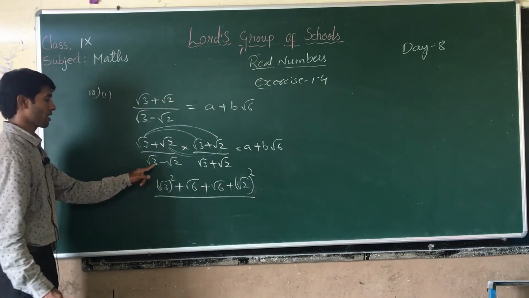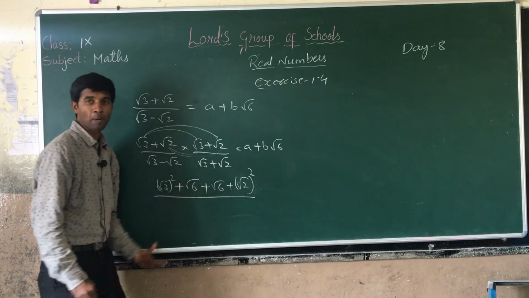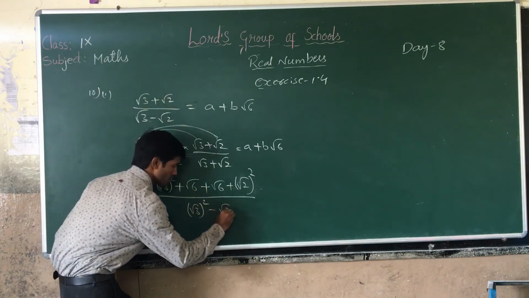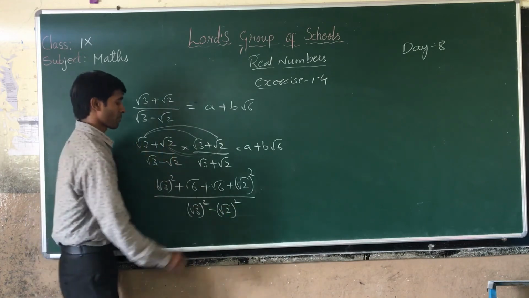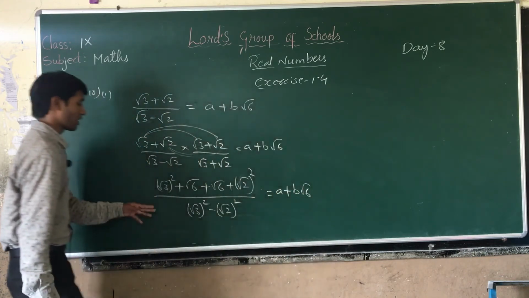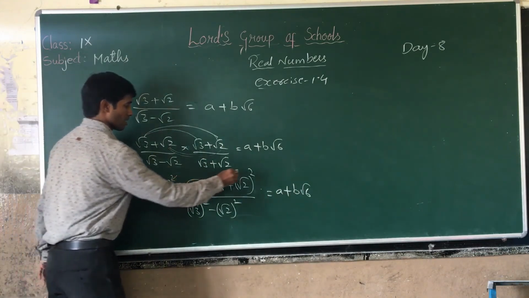The denominator is a minus b into a plus b, a square minus b square, root 3 whole square minus root 2 whole square, is equal to a plus b root 6. Now, the square root cancels here.